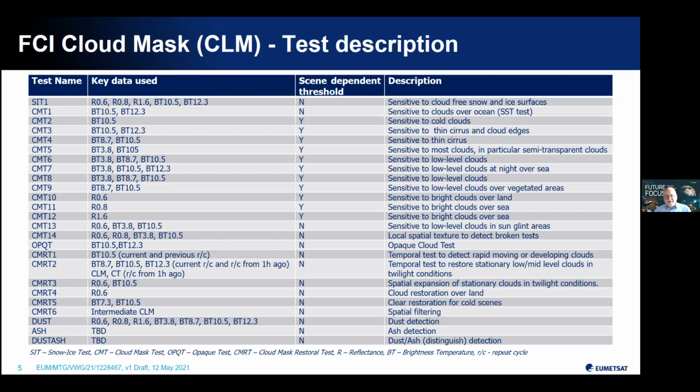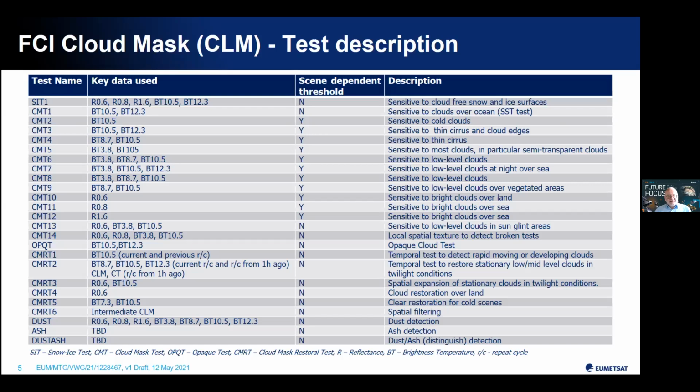For the visible channels, we use the clear sky reflectance map as a background, which is also a dynamic data input because it's a running average over 7 days. And you see on the right side the description of which test is very sensitive to which type of scene.